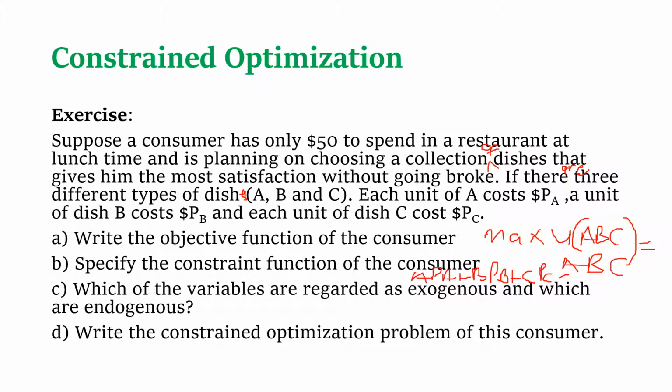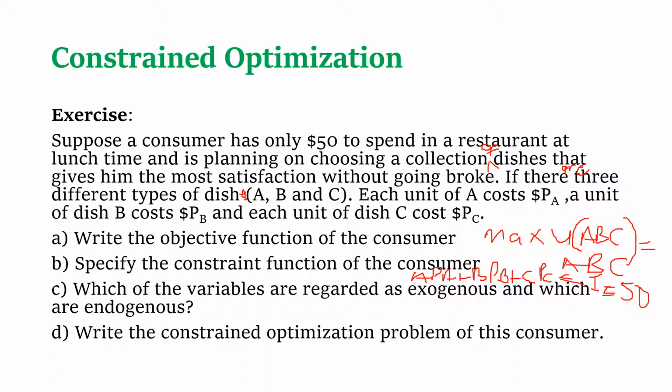And then this is less than or equal to your income, which is equal to $50. So that becomes your constraint there. As easy as that.